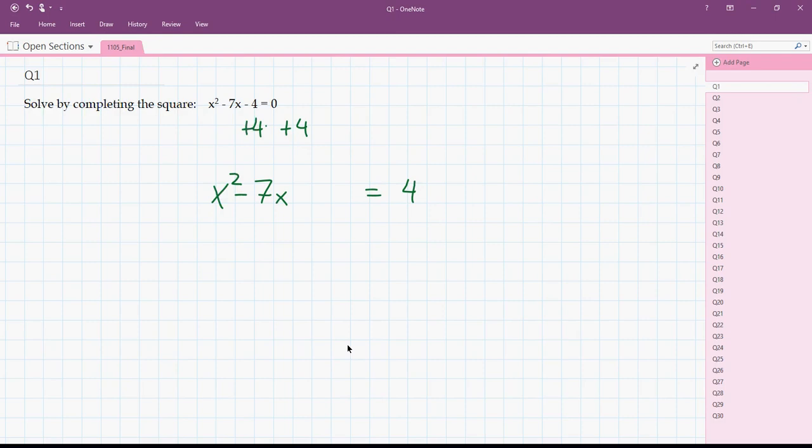Then what we want to do is we want to take the number next to the x. Let's see, what's the easiest way to write this? Call this b. You want to add b over 2 squared.